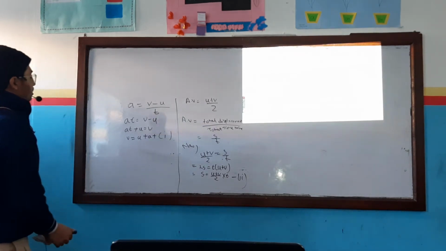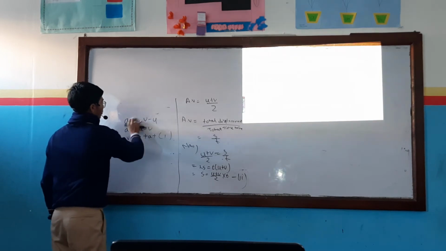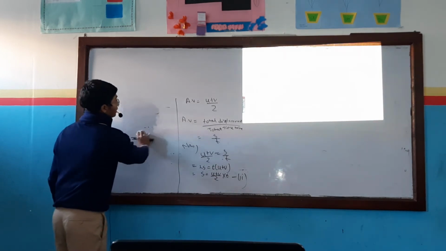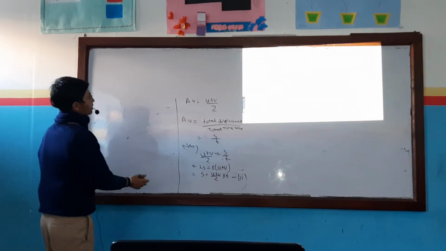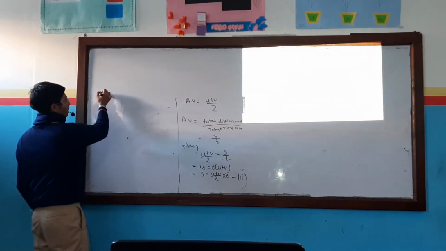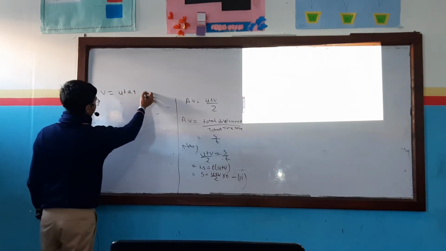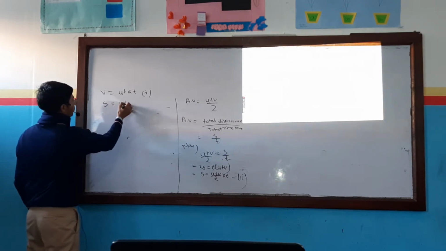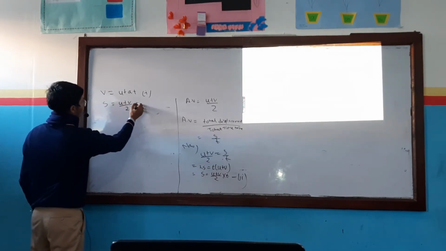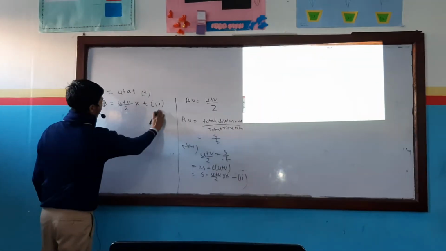Likewise, the third equation of motion is derived from the first and the second equation, like v is equal to u plus at. This is the first equation, and s is equal to (u + v)/2 into t. This is our second equation.